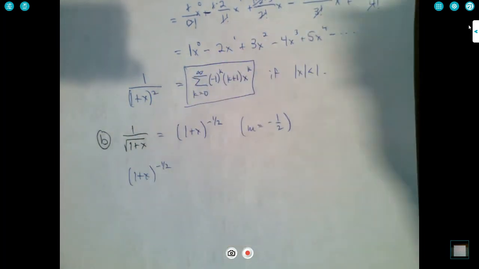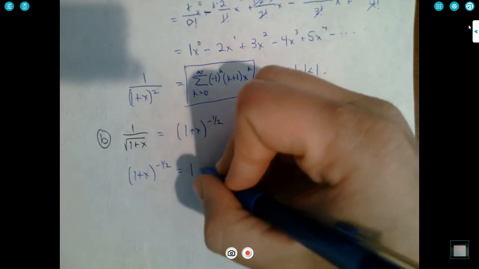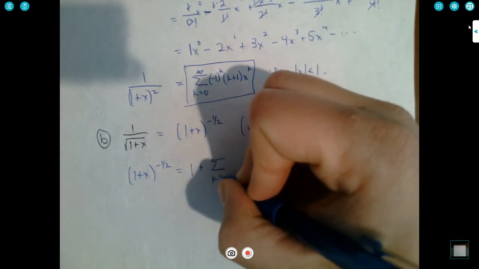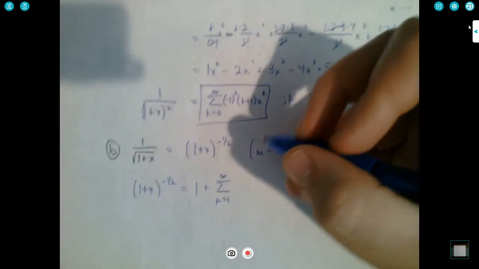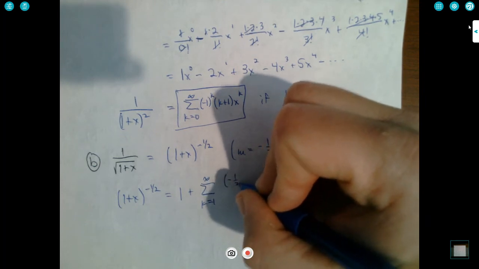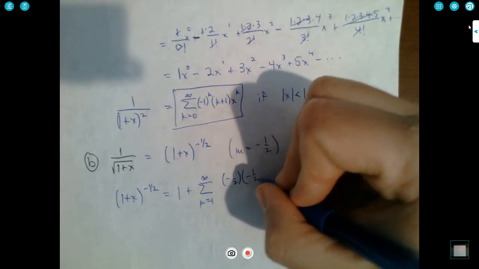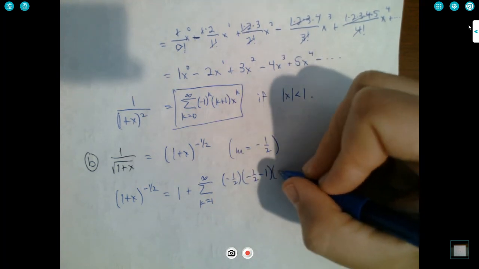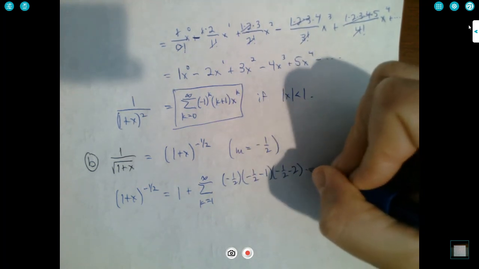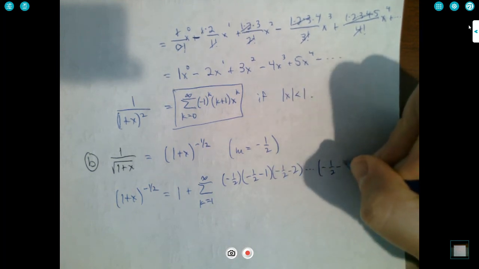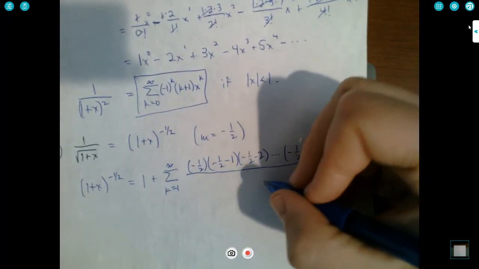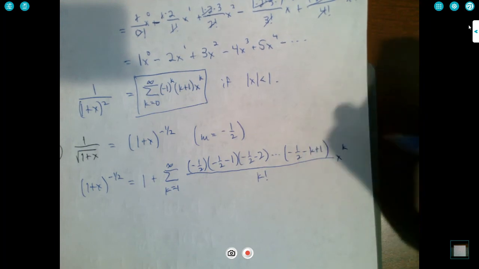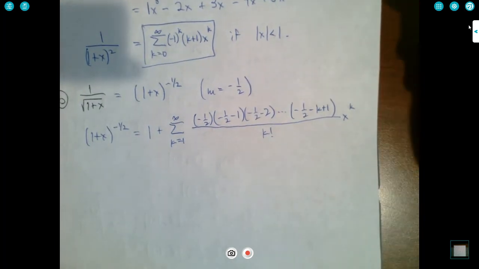So (1 plus x) to the negative 1/2 equals 1 plus the sum from k equals 1 to infinity of m times m minus 1 times m minus 2, and so forth, all the way to m minus k plus 1, divided by k factorial times x to the k. Okay.